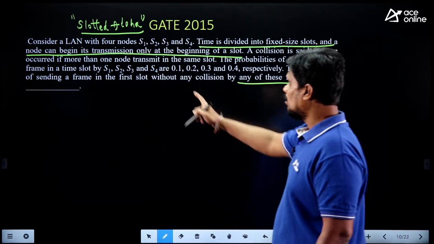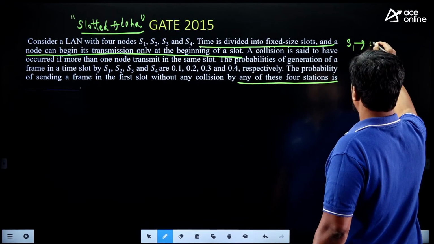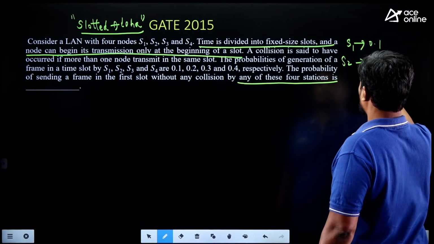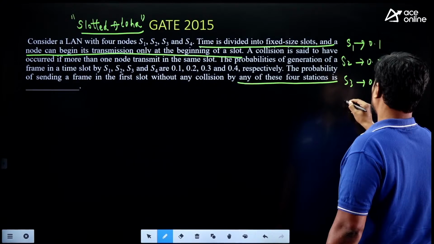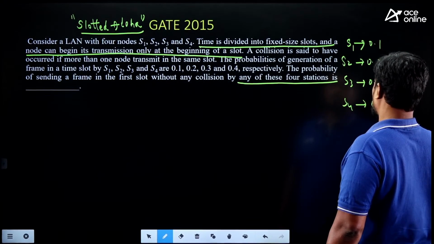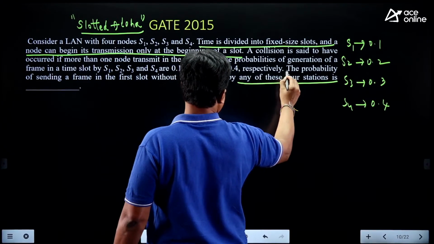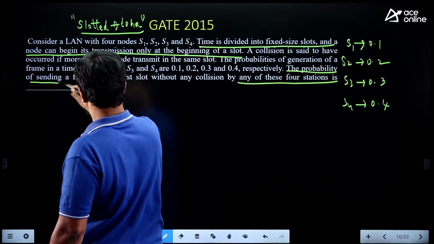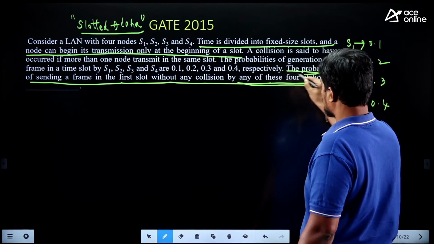So if we consider the 4 stations, S1 is there, what is the probability for S1? 0.1. S2, what is the probability? 0.2. S3? 0.3. S4? 0.4. Right? So as it is clearly mentioned, the probability of sending a frame in the first slot without any collision by any of these 4 stations.